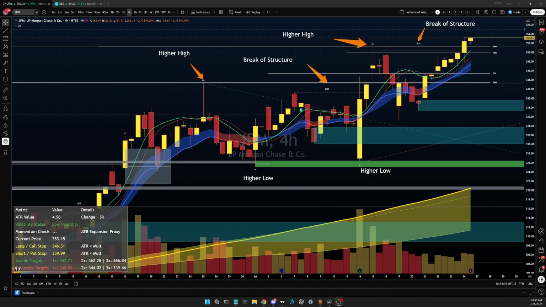Next, the SMC labels. You'll see breaker structure, change of character, order blocks, fair value gaps, equal highs, equal lows, higher highs and higher lows, and vice versa. That whole family is your structure and liquidity map. It's showing you where the market broke, where it's changed its mind, and where the unfinished business is sitting.